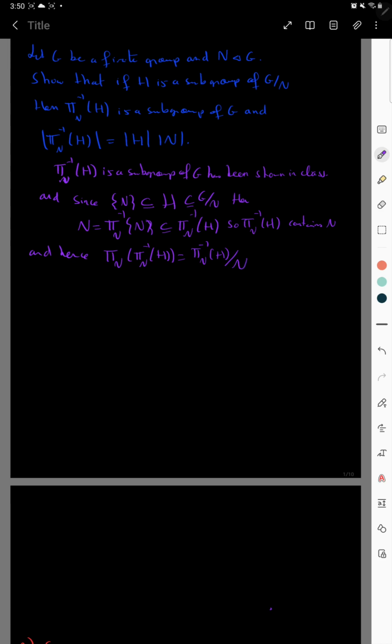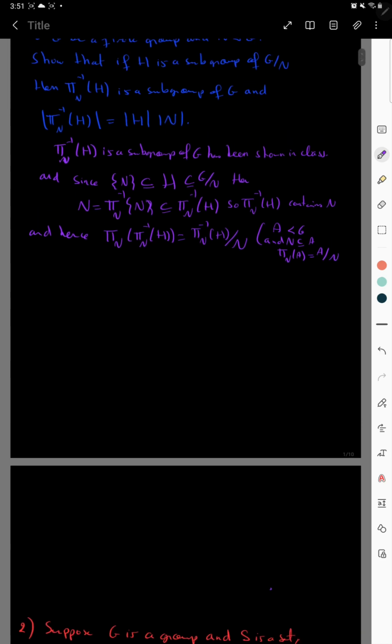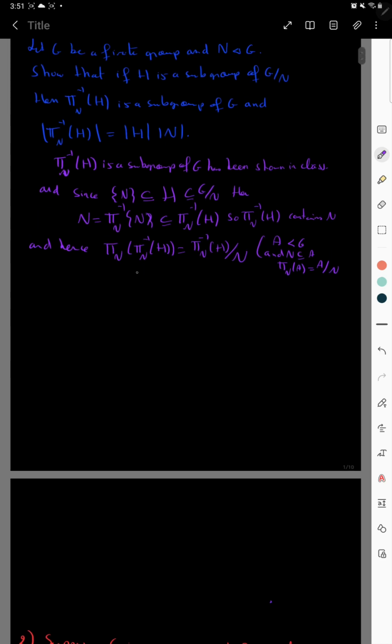This is the definition of pi_N, because if, let's say, A is a subgroup of G and N is contained in A, then pi_N of A is just A modulo N. Now, on the other hand, pi_N of pi_N inverse of H is just H. This is because pi_N is surjective.